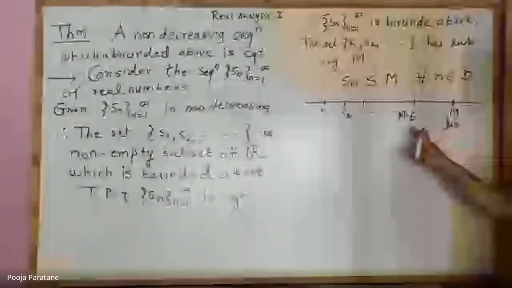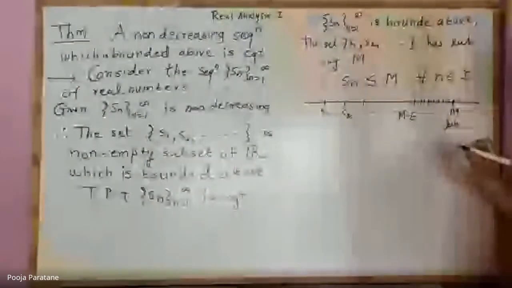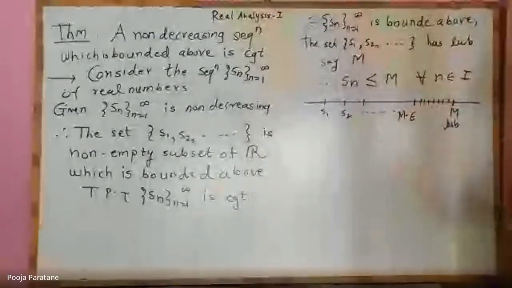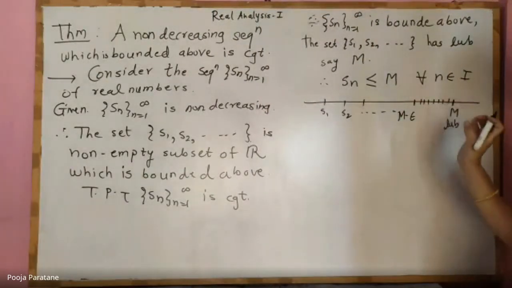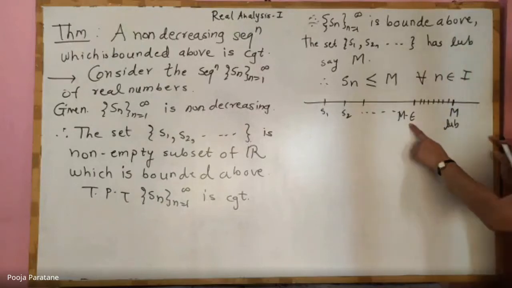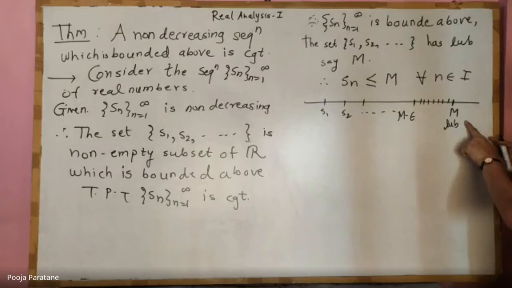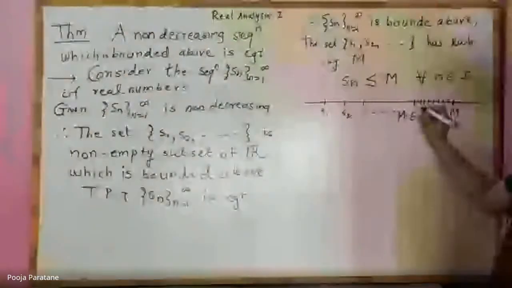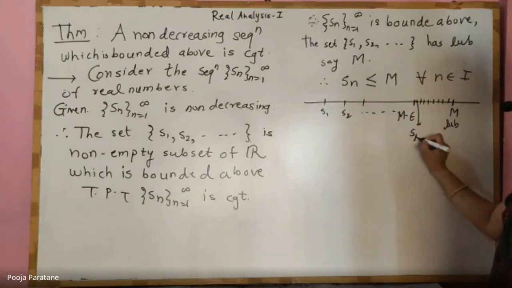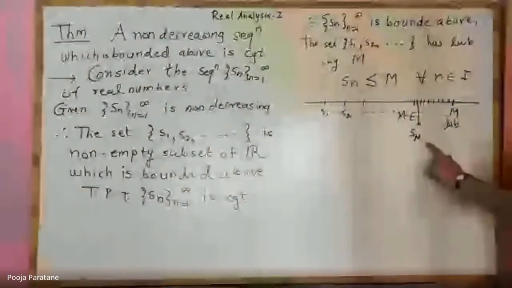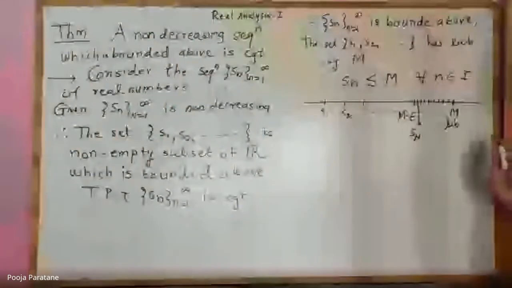So obviously M minus epsilon is less than capital M. But there may exist some terms of the sequence which lie between these two numbers. So only these terms satisfy the relation that M minus epsilon is less than these terms, which is less than capital M. So suppose the first term is capital SN, that I will consider here. So all the terms SN, then SN plus 1, SN plus 2 lie between M minus epsilon and M.